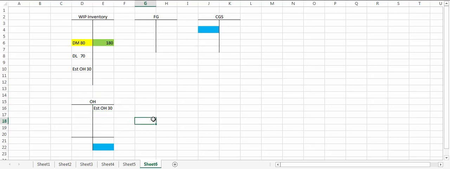We do this for many reasons. One is we need timely information. As soon as I finish one of these products, I want to know how much overhead is applied to it so that I can figure out how much to sell it for.